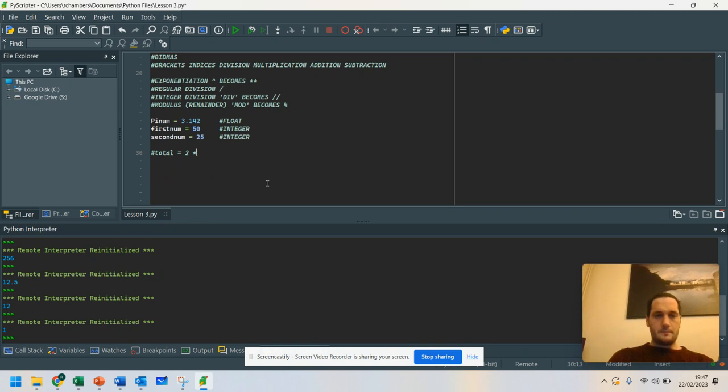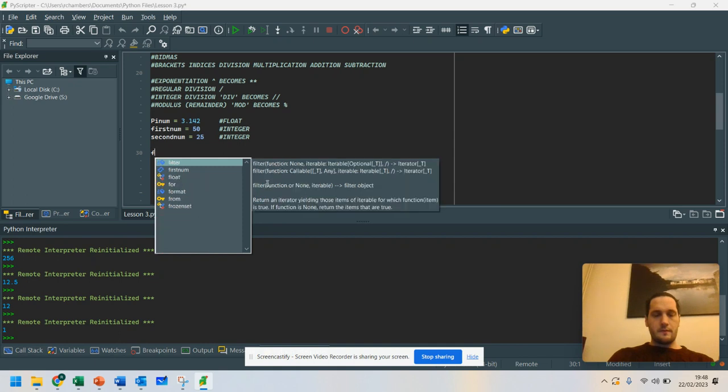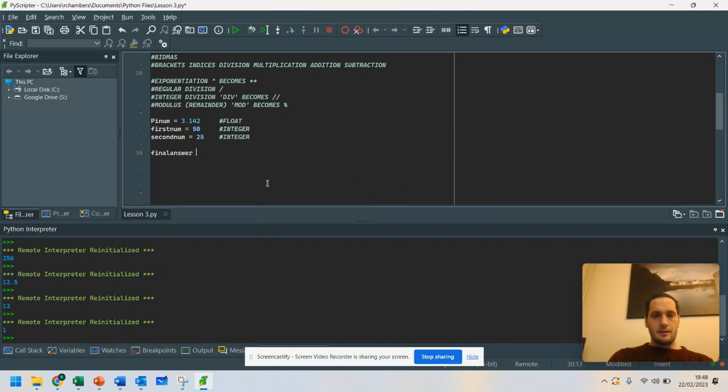All right. Right, so we know that we're going to do final answer. We're going to say remainder equals 25, and what we want to do to work out the remainder is do %2.